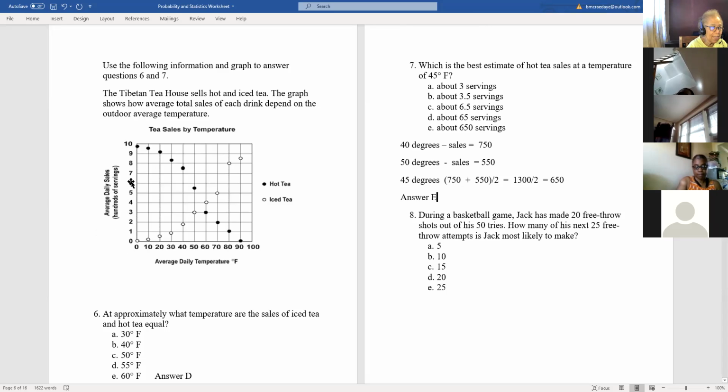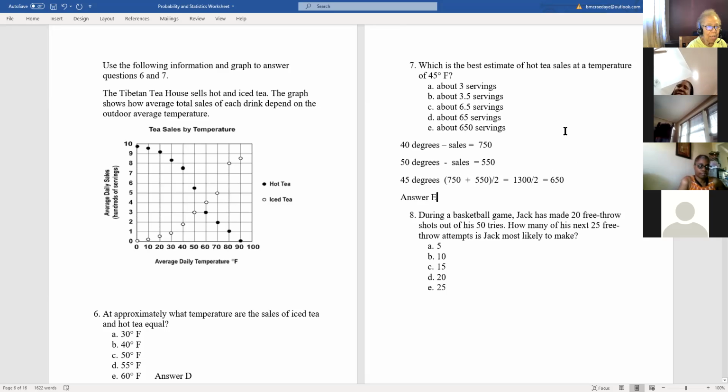So a 6 is really 600. That's why I put 750 and 550. And Vanessa got the average. Add those up, 1300 divided by 2, and you get 650. So the best estimate is 650 servings.